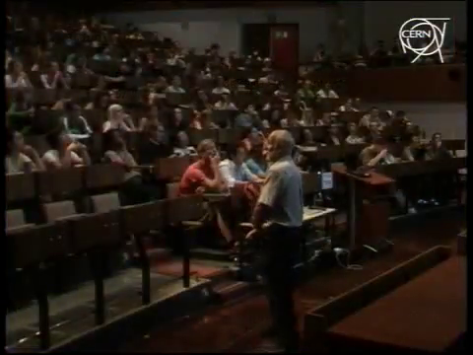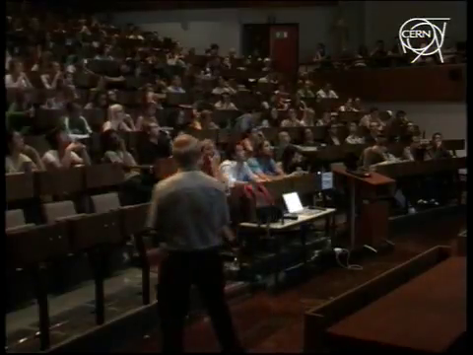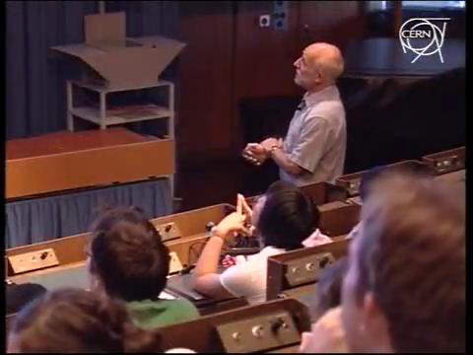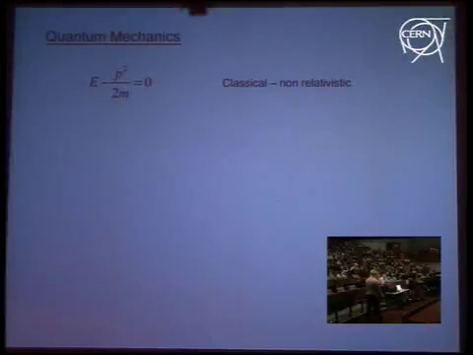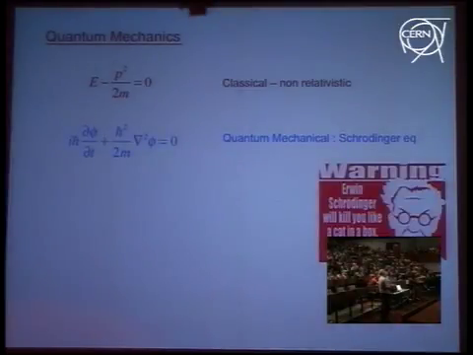Let's go back then, starting with quantum mechanics. Classical non-relativistic theory: E is equal to p squared over 2m, kinetic energy. When one goes along the h bar to small route, we have to replace E by minus i h bar d by dt, and we end up with the Schrödinger equation: i h bar d phi by dt.